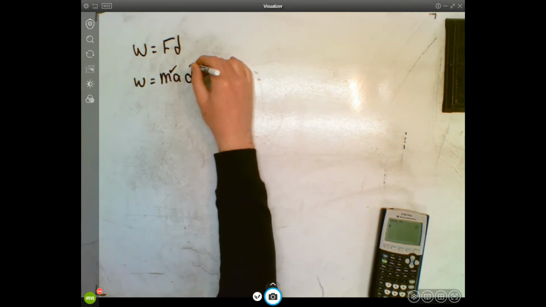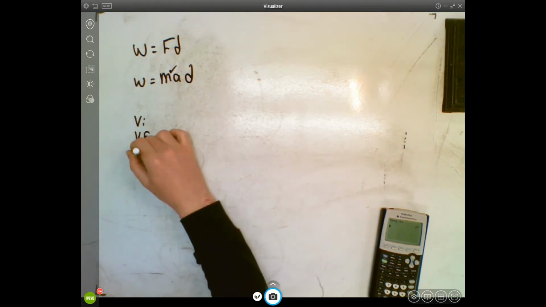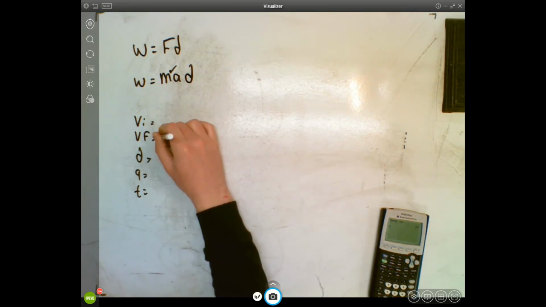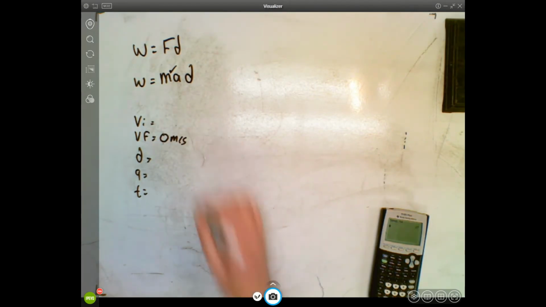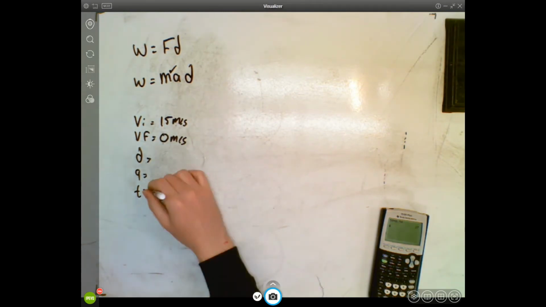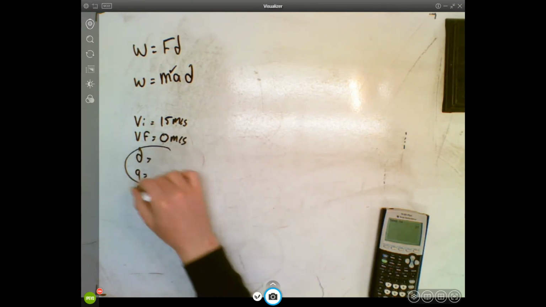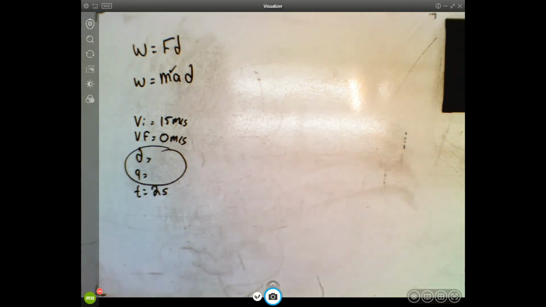We don't have the distance, but we could find all that because we could use VI, VF, DAT like we did before. It comes to a stop at 0 meters per second, starts off at 15 meters per second, and comes to a rest in 2 seconds. So we have enough information. As long as we have 3 of 5, we could find both of those. But that's actually a lot more work than the new way that I'm going to show you.